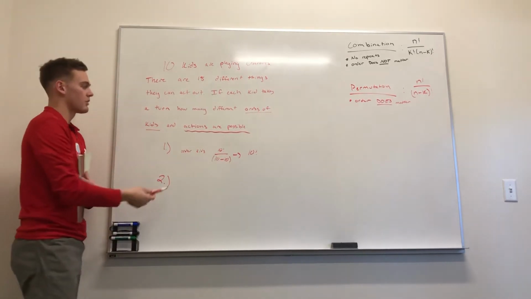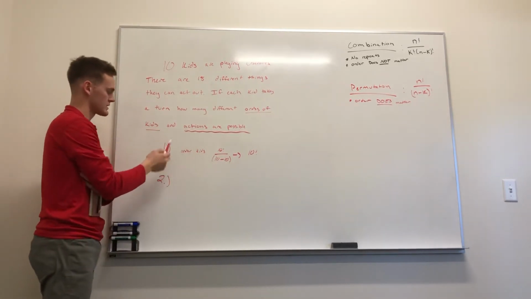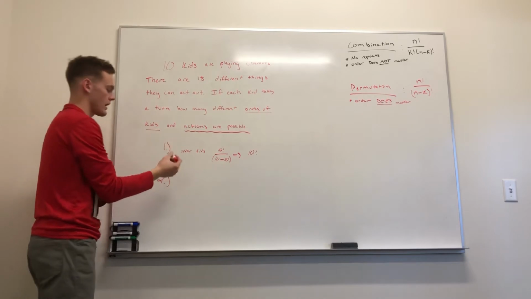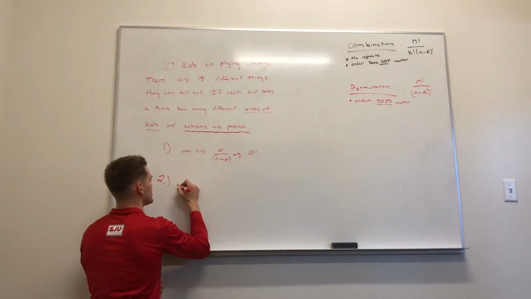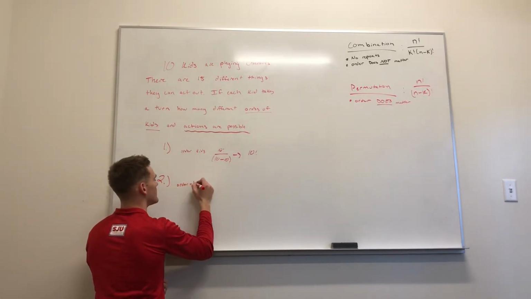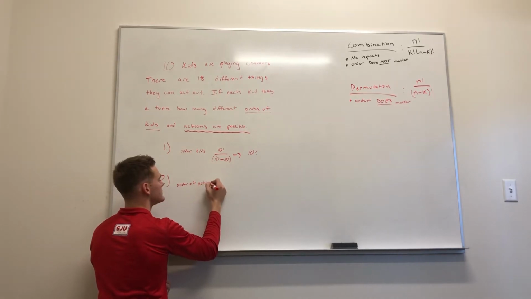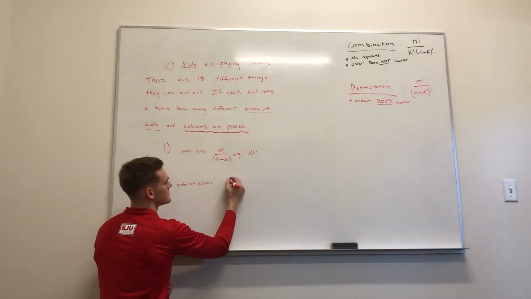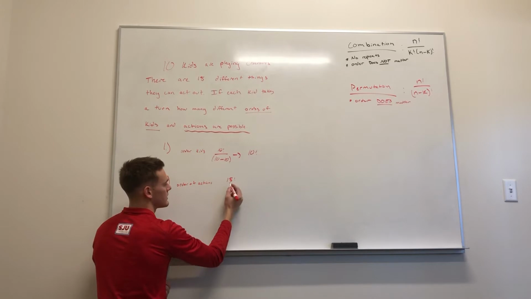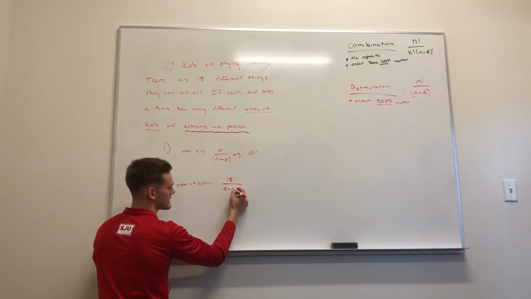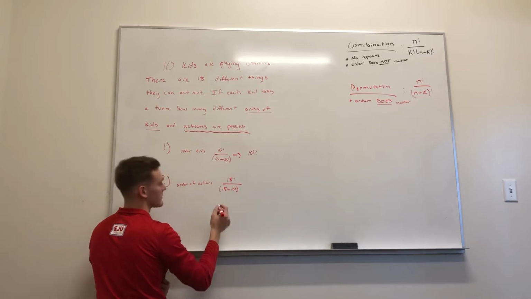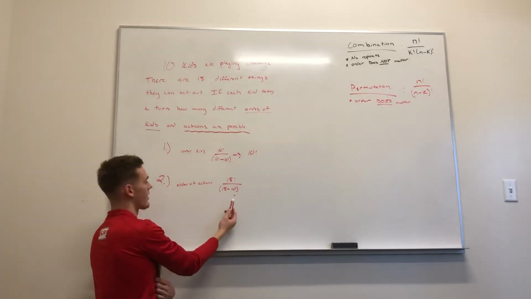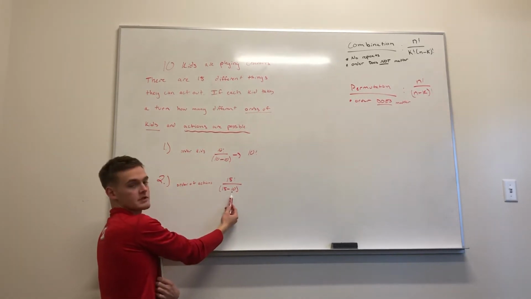So for our next part, we have to look at actions possible. So possible actions, order of actions. This is going to take out 15 factorial over 15 minus 10, because of the number of actions and then the number of kids playing.